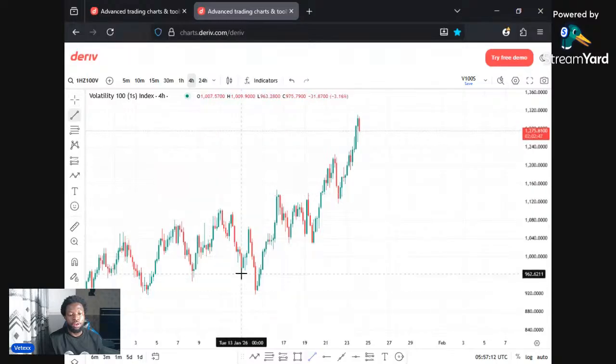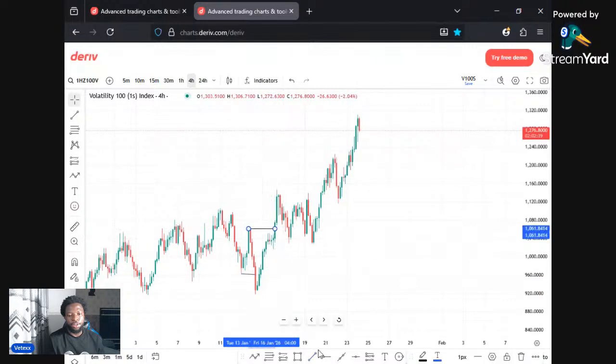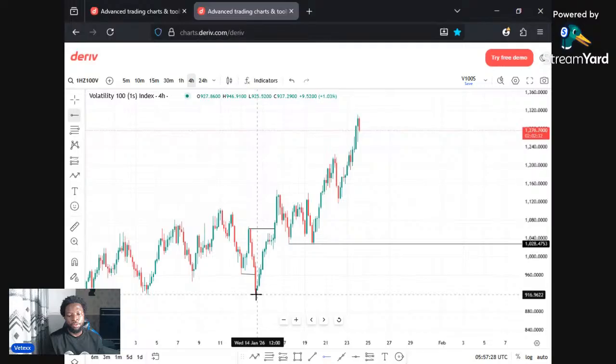This is our first rule here, sweep of liquidity. Our second rule, first break of structure. Our third rule, price retraces 50% to give us structural liquidity, and this is our protected low. So this is our point of interest.